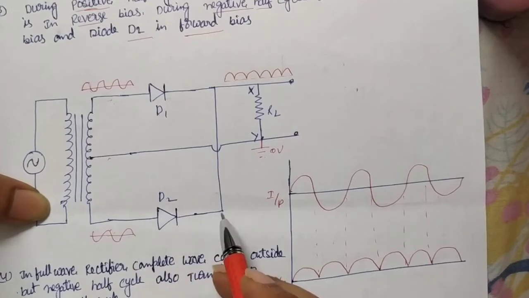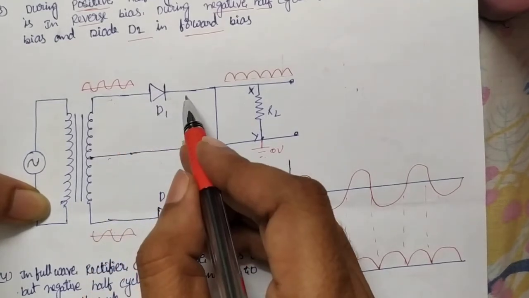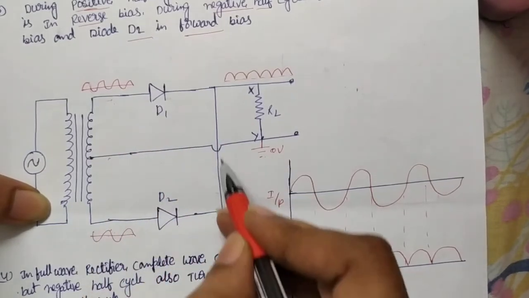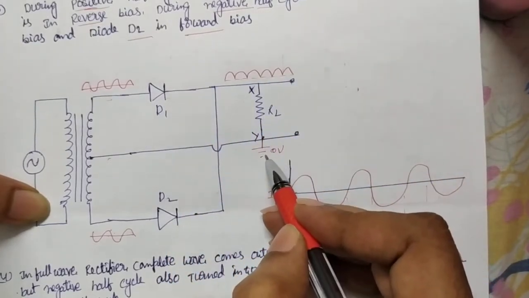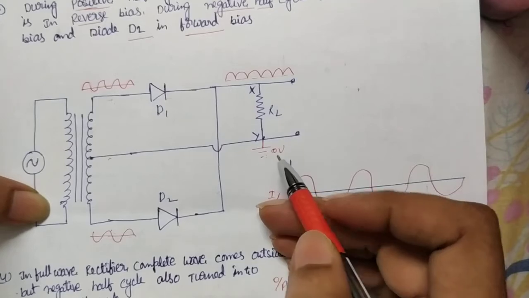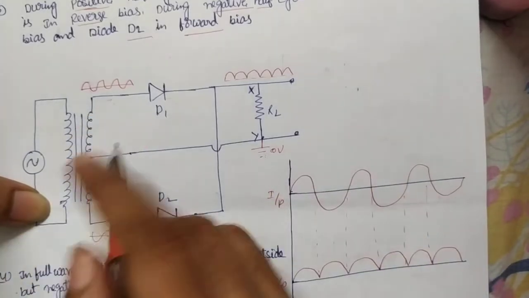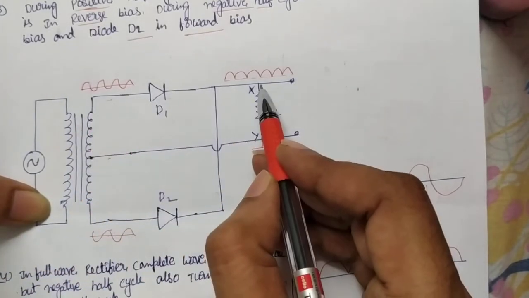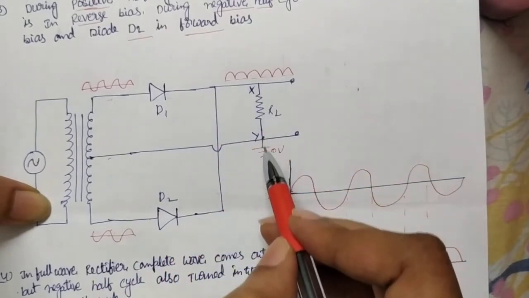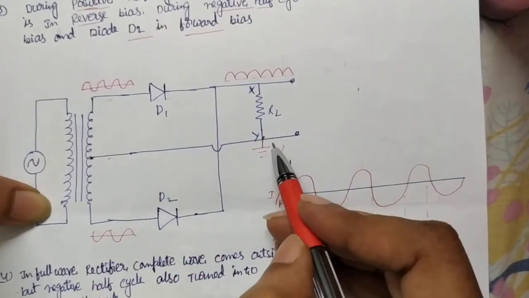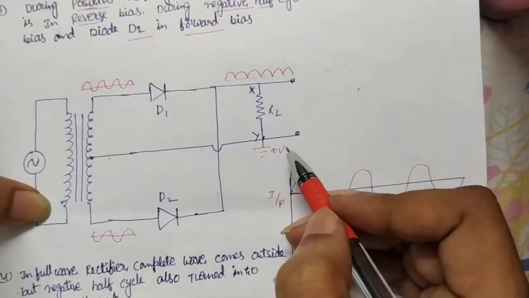Now this is forward biased and the other diode is reverse biased. So the current now flows like this, from X to Y, and flows to ground. In both cases there is one common point. In the first half loop the current flows like this, in the second half loop it flows like this. In both cases the current flows in the same direction, from X to Y.